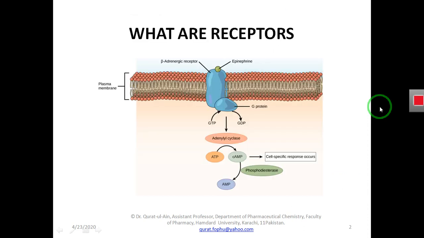So what are receptors? First question is, what are receptors? Actually, receptors are protein molecules, or sometimes glycoproteins, that are either embedded in the plasma membrane, or may be found in the cytoplasm, or sometimes are also present in the nucleus. And what do they do?